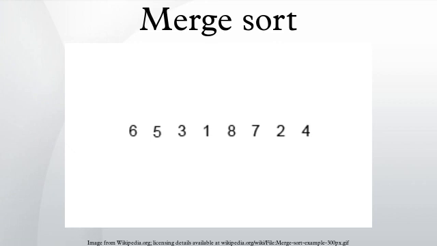If first(left) <= first(right), append first(left) to result, left = rest(left); else append first(right) to result, right = rest(right). Else if length(left) > 0, append first(left) to result, left = rest(left); else if length(right) > 0, append first(right) to result, right = rest(right). End while, return result.